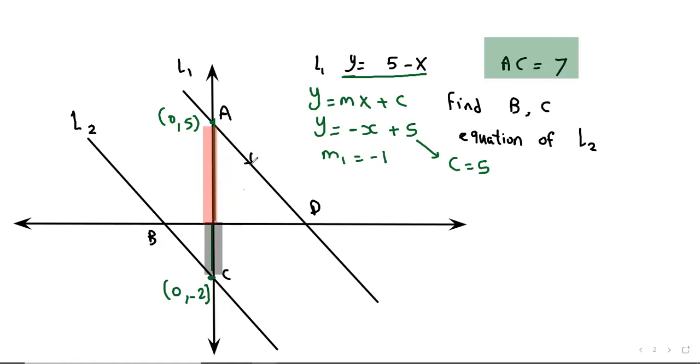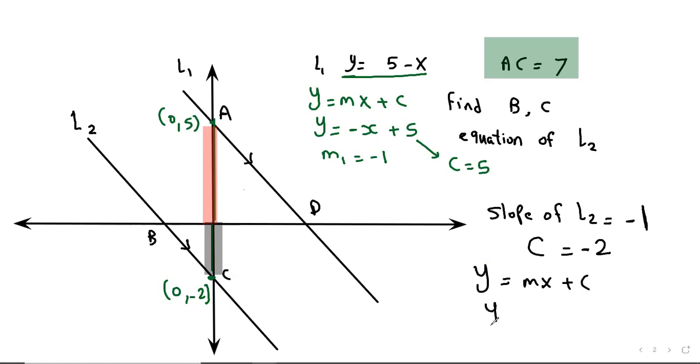I want to get the equation of this line L2. The two lines are parallel. So the slope of L2 equals -1. Why is that? Because the two lines are parallel. And the y-intercept c equals -2. So what is the equation of L2? Y equals mx plus c.